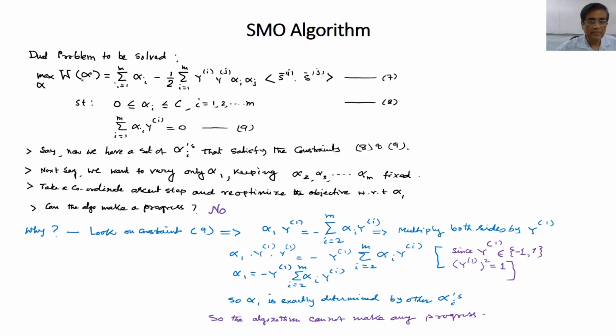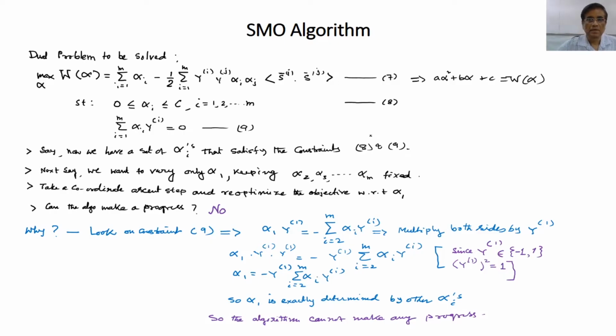And what is the nature of the function? Quadratic in nature, because there is alpha and alpha square, so it is of the nature A alpha square plus B alpha plus C.